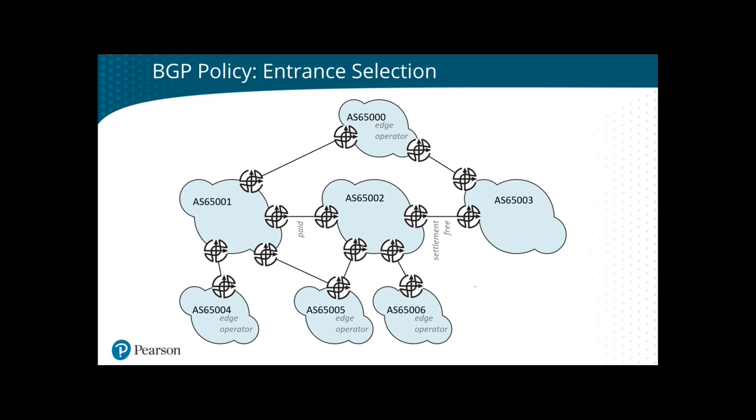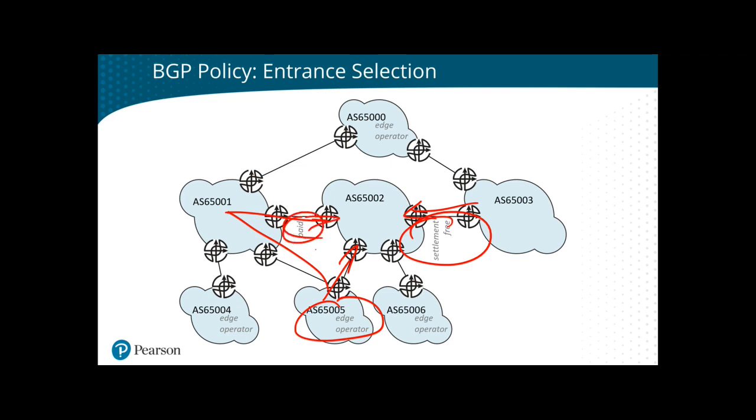Now, from AS 65002's perspective, if I'm dealing with entrance selection, I want to make sure that traffic enters my AS at the right place. What I want to do here is again make sure that this settlement-free link remains settlement-free, and I want to make sure that any traffic that originates in AS 65005 comes directly to me rather than going through AS 65001.